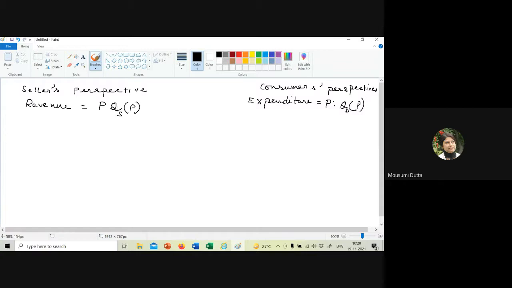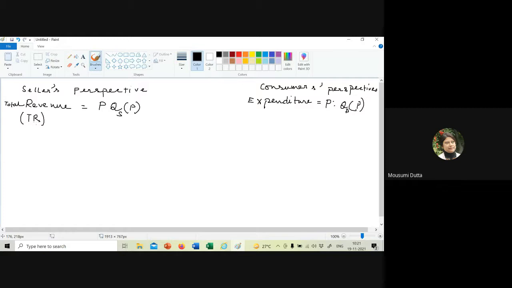Expenditure is P into Q from the consumer's perspective. P into Q also comes in the analysis of the suppliers or sellers, but there it appears as the revenue of the sellers. So we consider this as total revenue, with the notation TR.